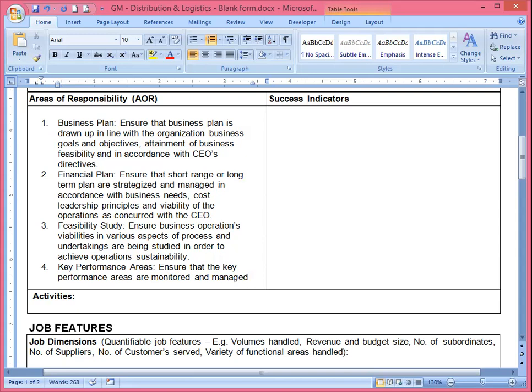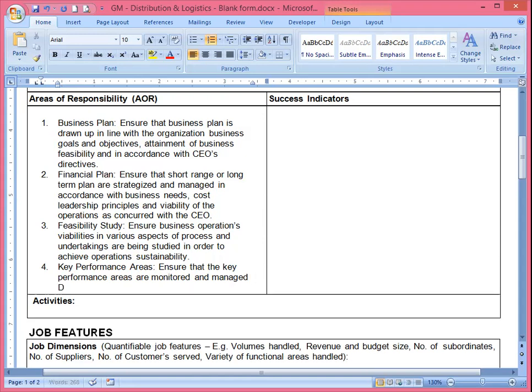He is the head of the function, the GM of the division, so all the key performance areas should be monitored and managed. He will convene all the management committee meetings. They will discuss all the action plans and all the SMART objectives. So he is going to manage the DNL managers.